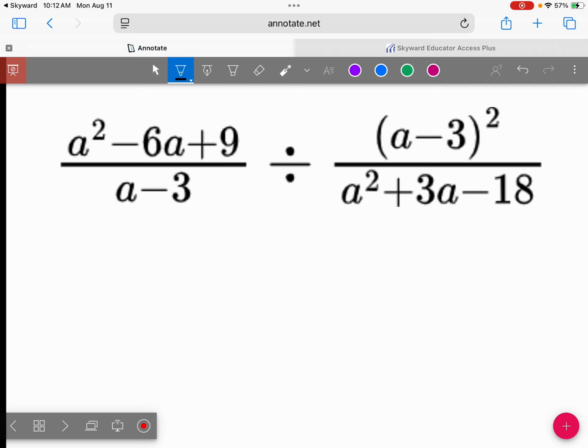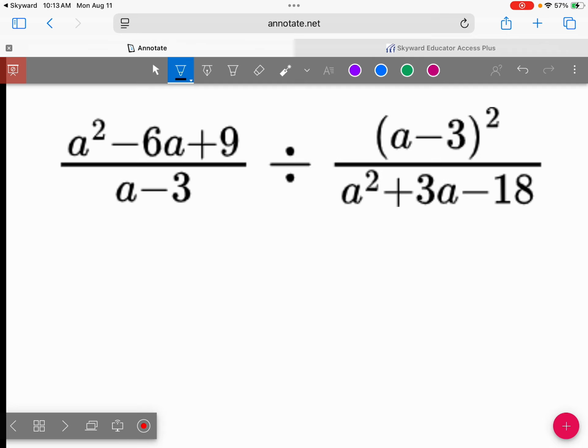So there's a lot of pieces here. And I definitely see that we have adding and subtracting, so we know we're going to need to do some factoring stuff. We also see this division in here, so we're going to need to pay attention to the keep, change, flip stuff. So when we have stuff that's quite this complicated, I tend to do my factoring and my keep, change, flip in the same step because, ew, I do not want to have to write it twice.